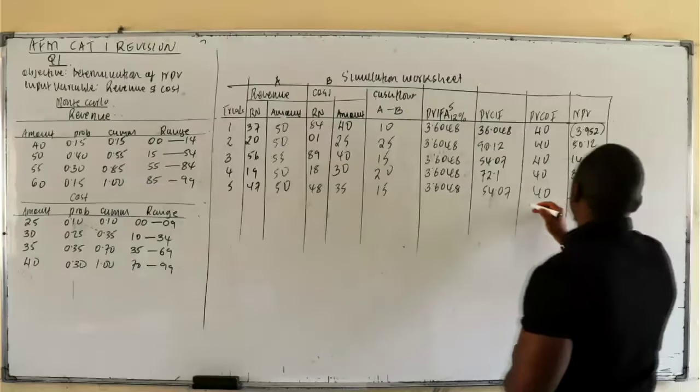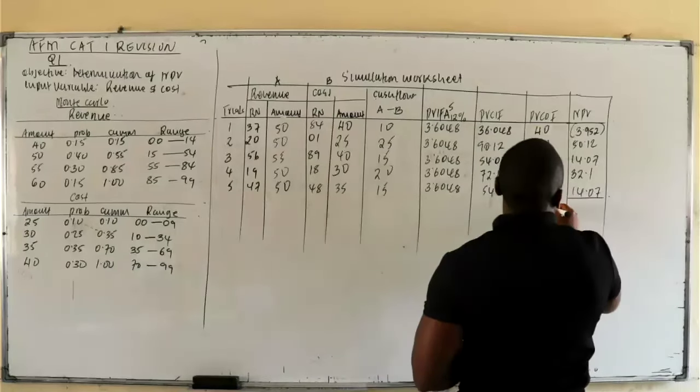Now give me the total NPV. All right. 106.408. So that's the total NPV.